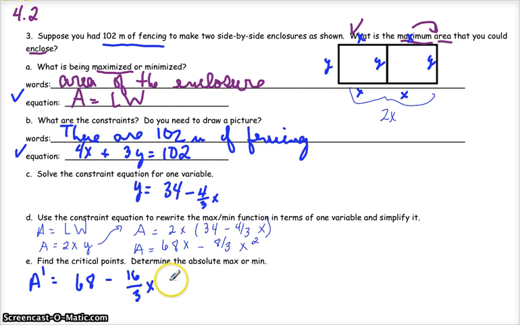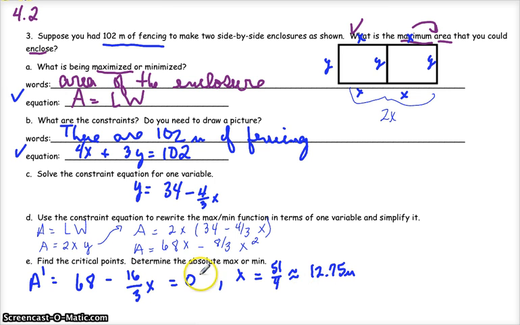Once you have that equation, recall to find the critical points, you set the equation equal to 0 and solve for x. If we solve this for x, we get x equals 51/4, which is 12.75 meters.